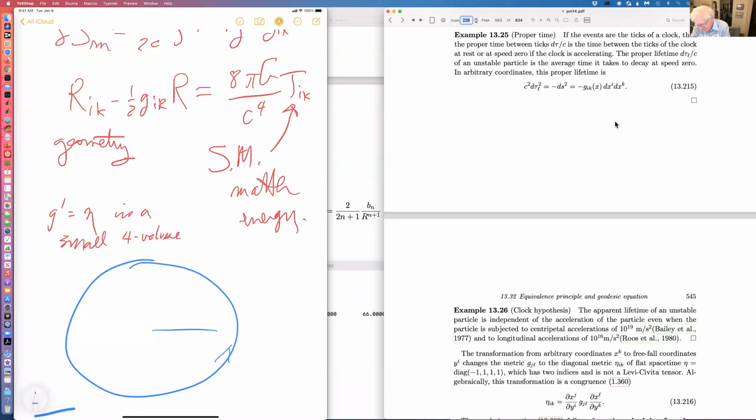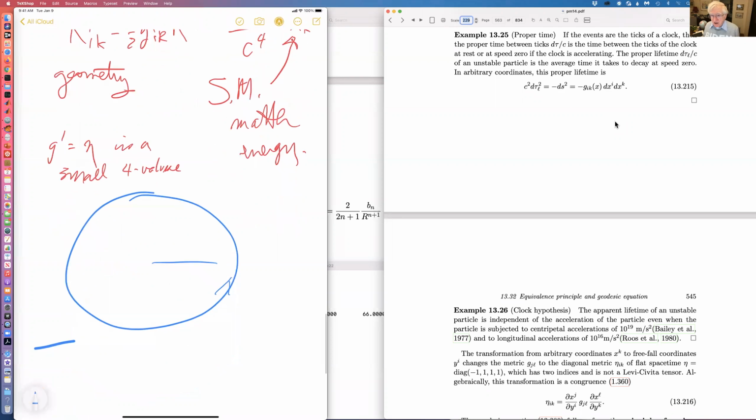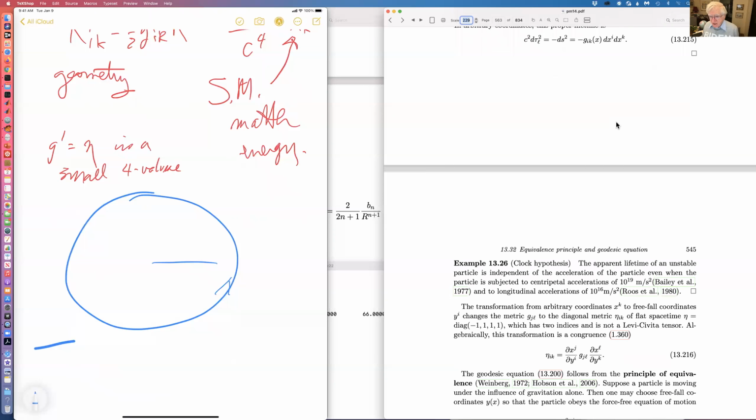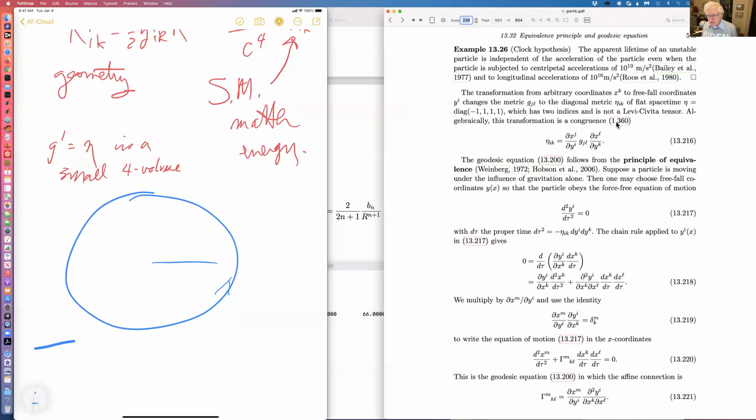In both cases, the acceleration is enormous, but the apparent lifetime of the particle depends only on the speed at which it's moving. That's called the clock hypothesis, and it's experimentally true.